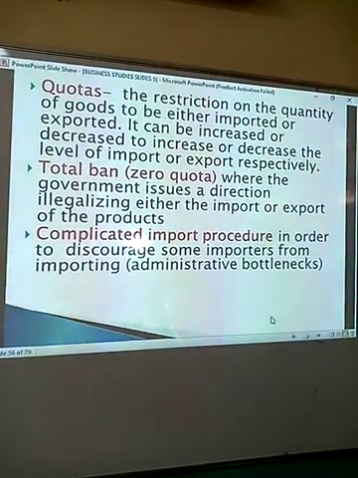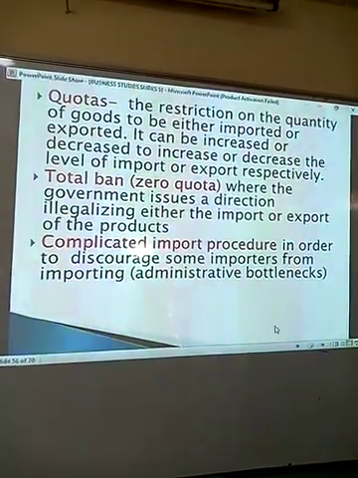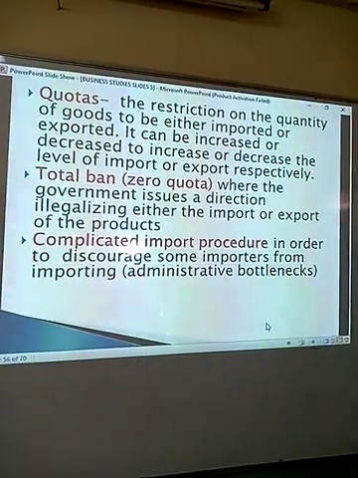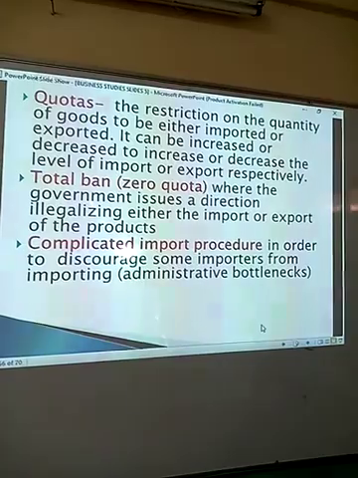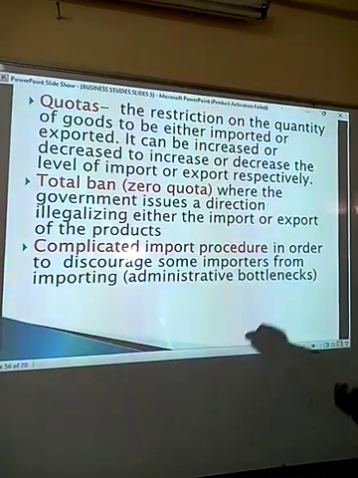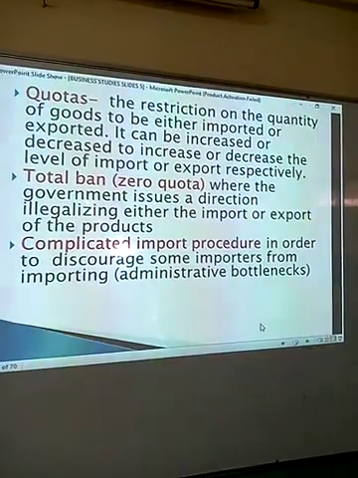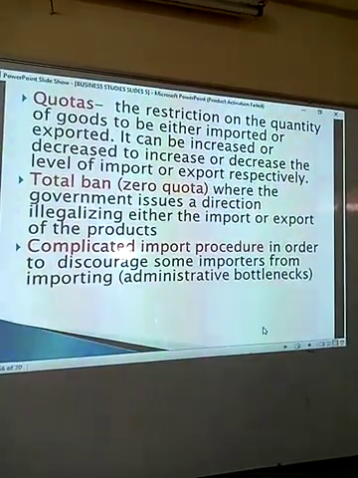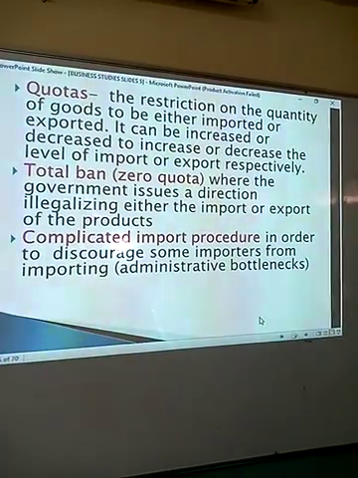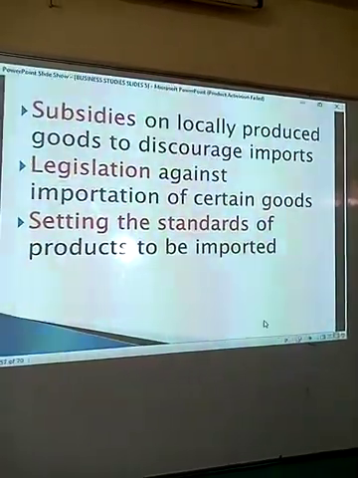The government just comes up with very bureaucratic and very lengthy processes of maybe acquiring the legalities in importing a commodity. Now, these will discourage most of the traders, and therefore they will decide to give up importing, therefore enabling the government to achieve what they really wanted to achieve.